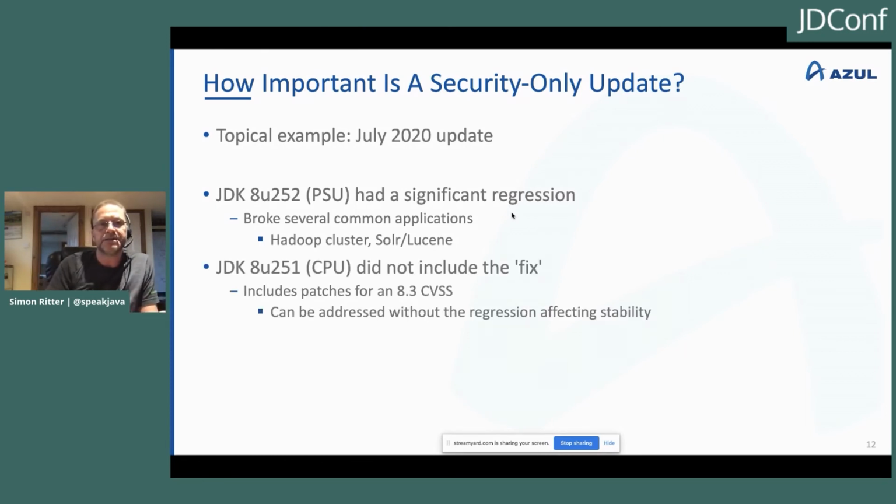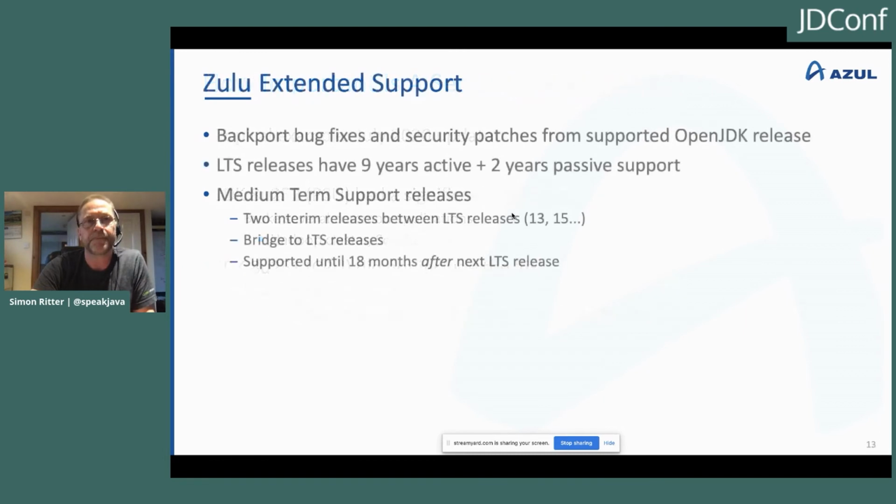If you'd had access to update 251, the CPU, that didn't include the fix that broke those things. So you could have deployed that. You could have addressed the highest score there, which was an 8.3 CVSS, and then you could have waited for the fix to the fix, which actually took nearly 2 weeks to create. So that's a good reason why you might want to have both the security-only update and the full update.